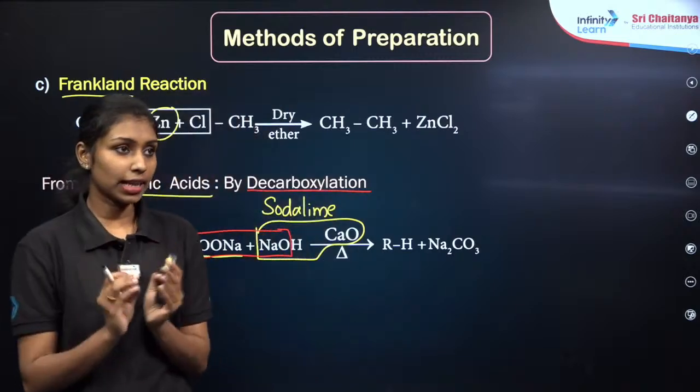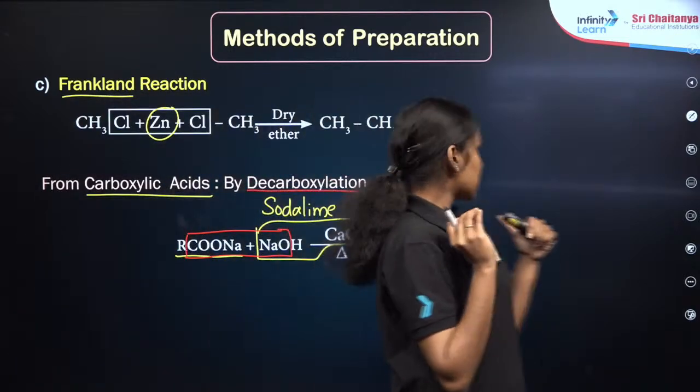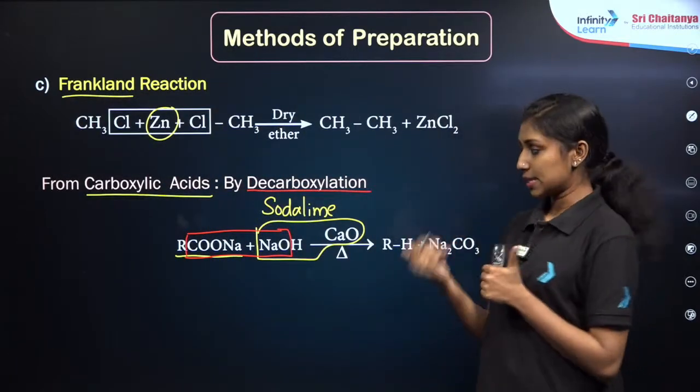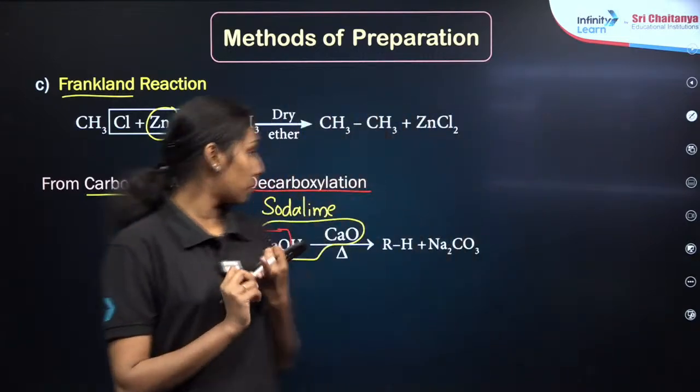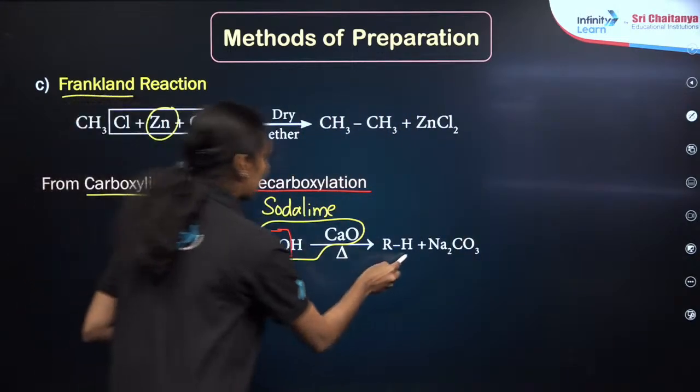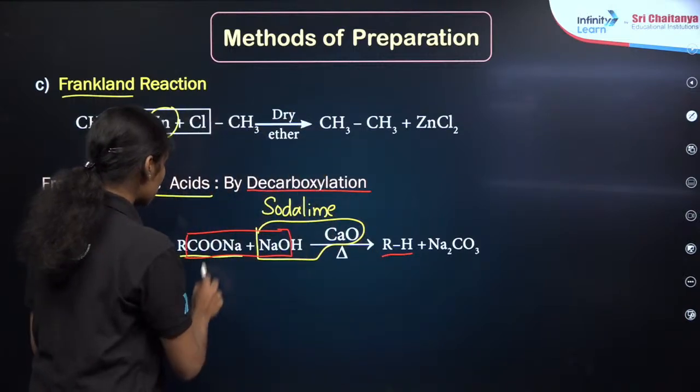First method, we heat the sodium salt or potassium salt of carboxylic acid with soda lime. Soda lime is NaOH and CaO. So it will produce an alkane.